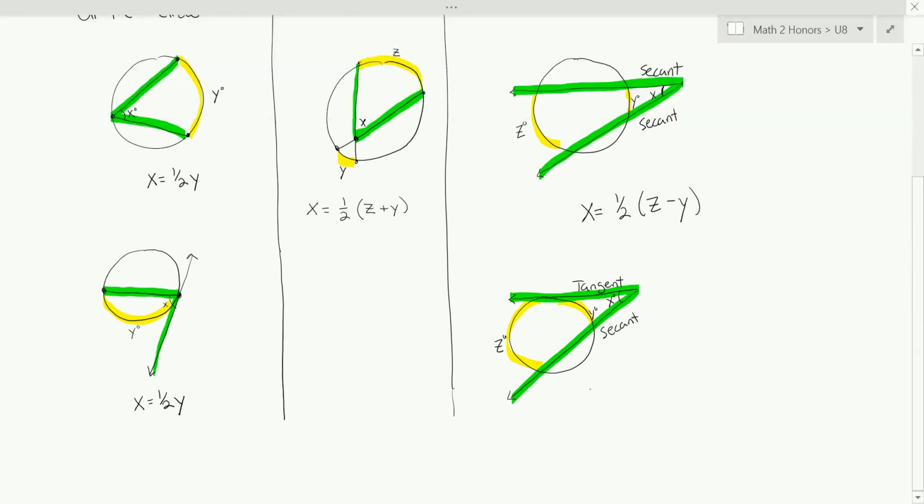And you get the same exact formula. x is equal to 1/2 (z minus y).